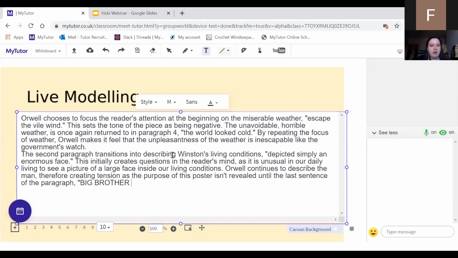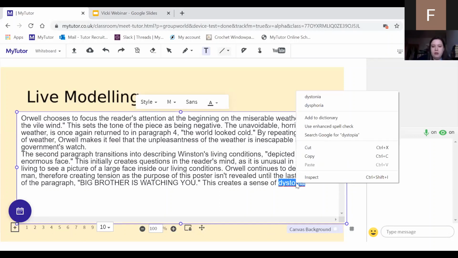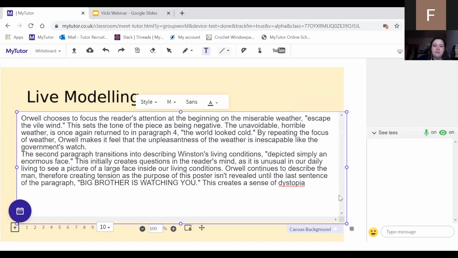So Big Brother is watching you. This creates a sense of dystopia, so that sort of means end of the world. Making the reader feel uneasy about what Winston is living through.